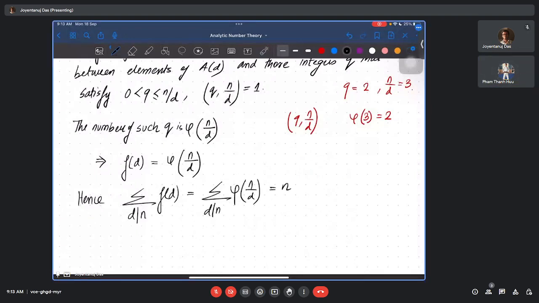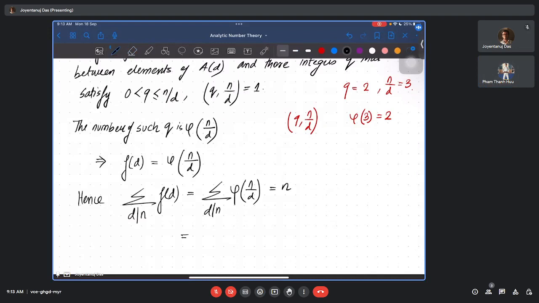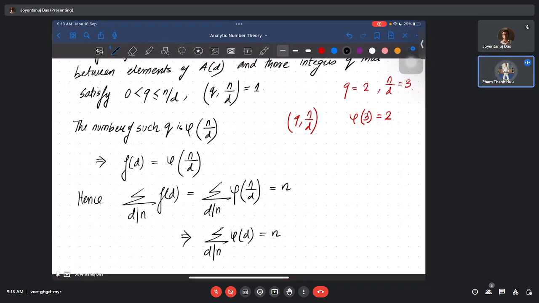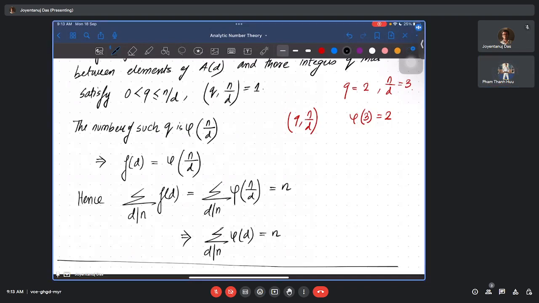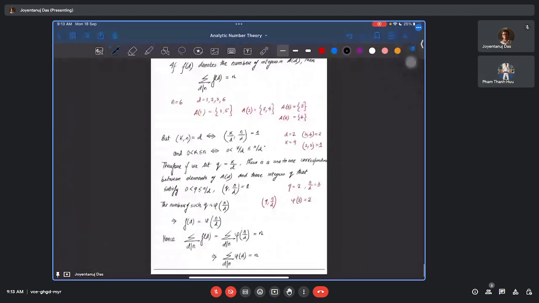But the summation runs over all the divisors of n, and n by d is also a divisor of n, so I can just change the notation. From here I can directly say the summation of phi of d is n. So this is what we wanted to show. This is fine up to this point.